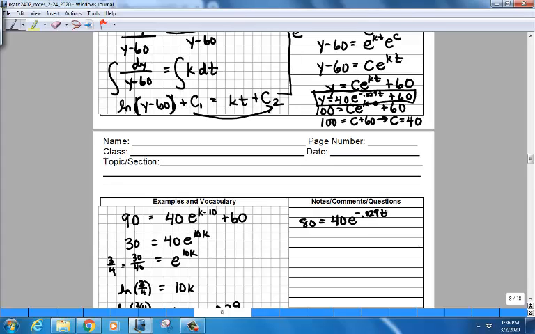Y'all are pretty good at this now. There's a problem very much like this one on the test. What problem is like this one on the test? It's number 5, okay? That was a cooling problem, wasn't it? Oh, number 6?